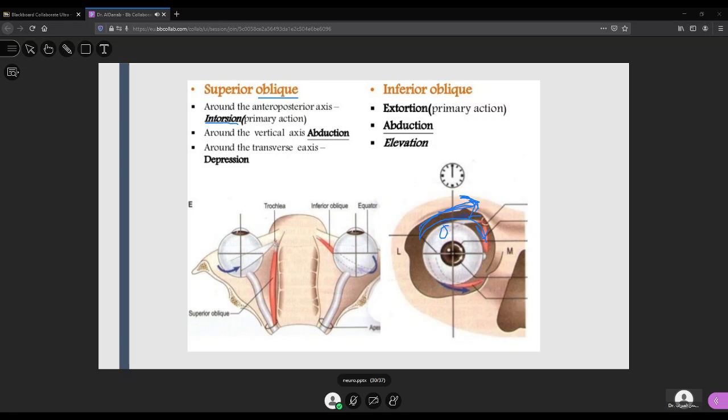The opposite here: the inferior oblique. Let's say this will be pulled.